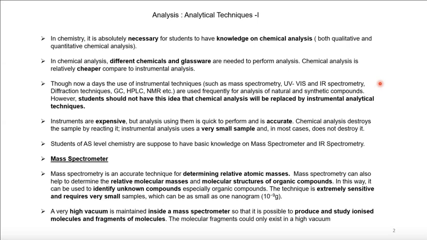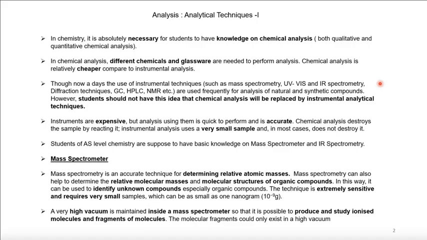In classical chemical analysis, we destroy the sample by reacting with other chemicals. But in instrumental analysis, in very many cases, we need very small sample, and the samples are not destroyed during the analysis.